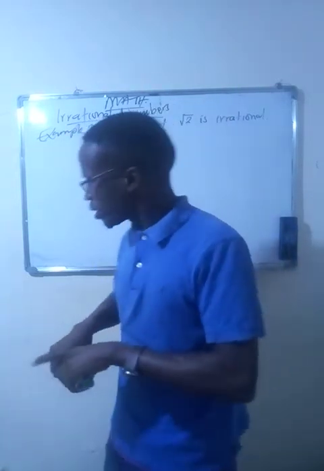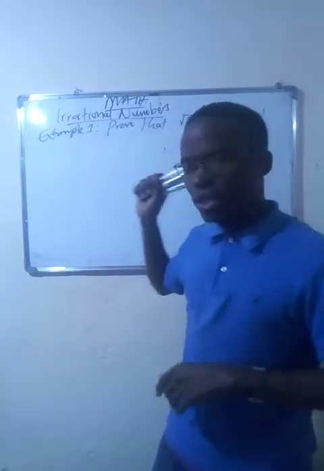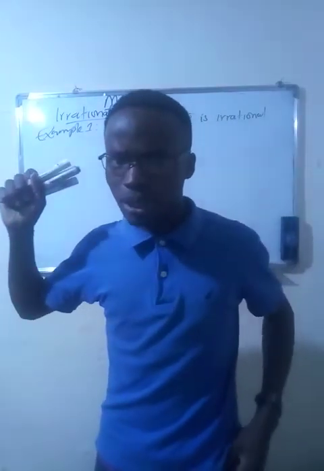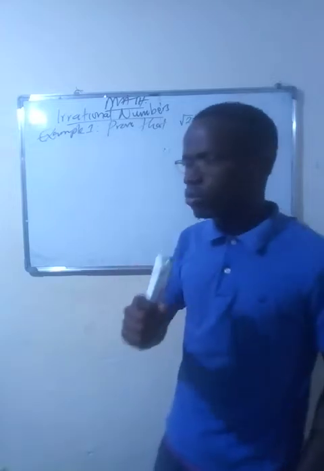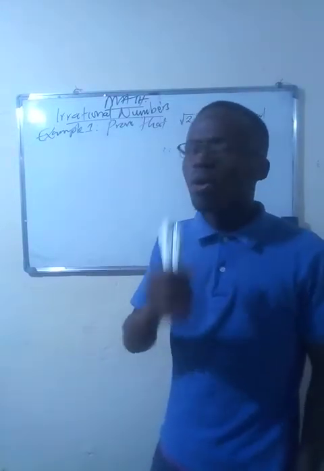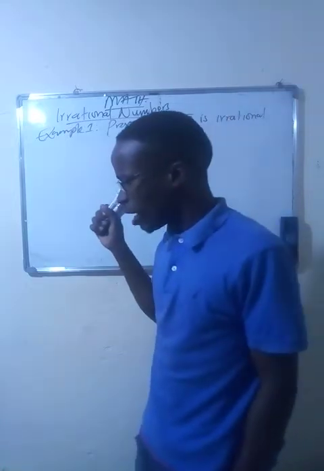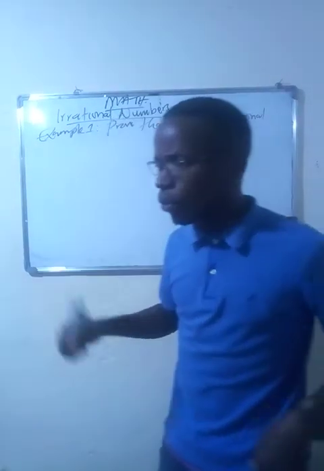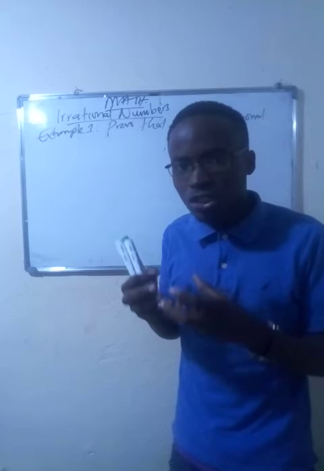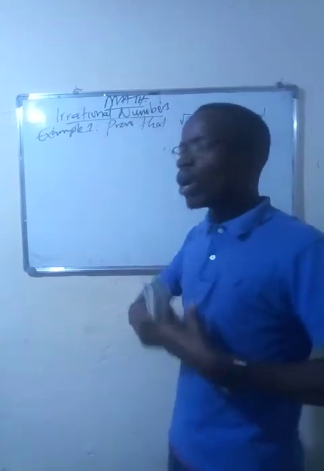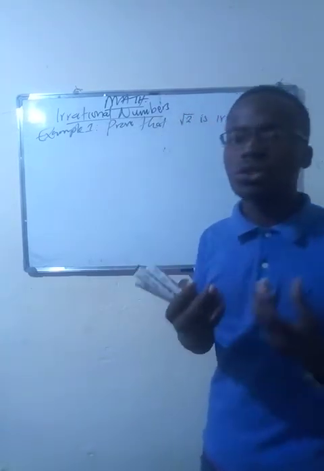So in this case, when we are proving that a particular number is irrational, we first assume that that number is a rational number. We know quite well that that particular number is not rational; we know that it's irrational, but we want to assume that it's a rational number.